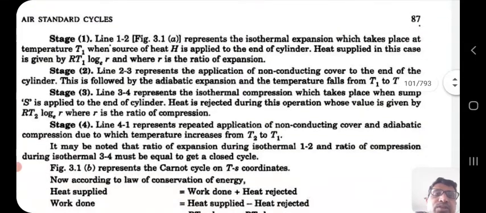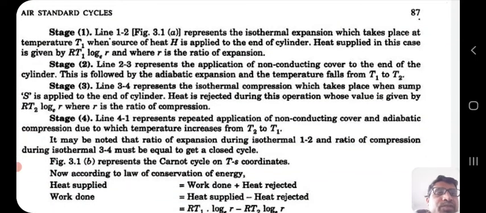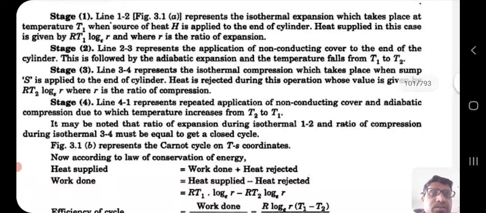Stage 1, line 1 to 2 represents the isothermal expansion which takes place at temperature T1. When source of heat H is applied to the end of the cylinder, heat supplied in this case is given by RT1 log R, where R is the ratio of expansion.